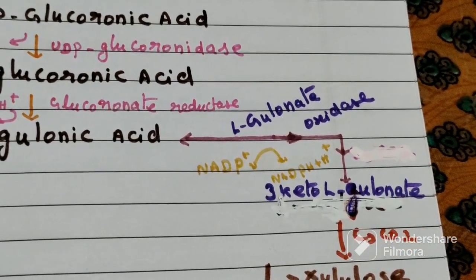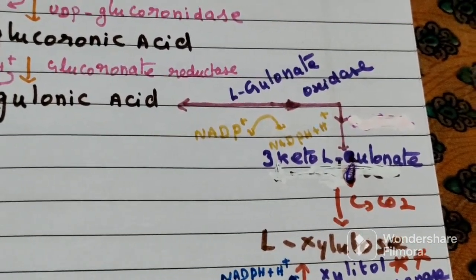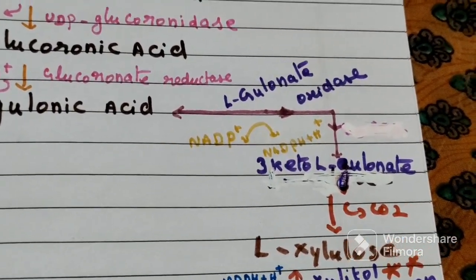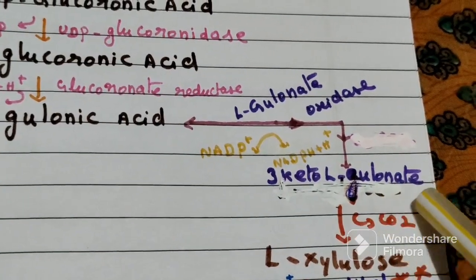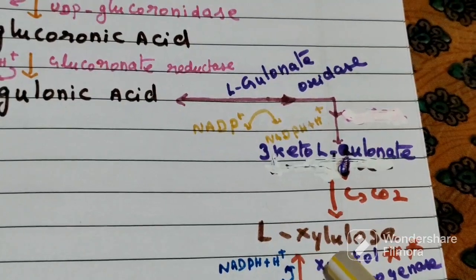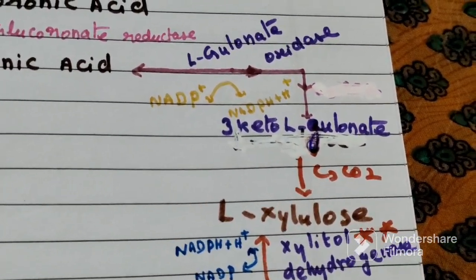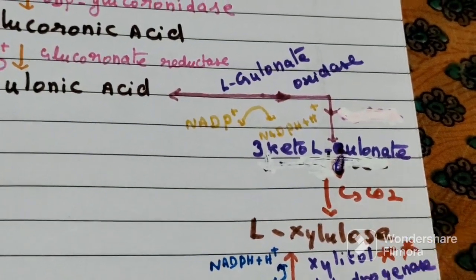NADP is converted into NADPH2. Then 3-keto L-gulonate will be converted into L-xylulose by a decarboxylation reaction, removal of one carbon dioxide.